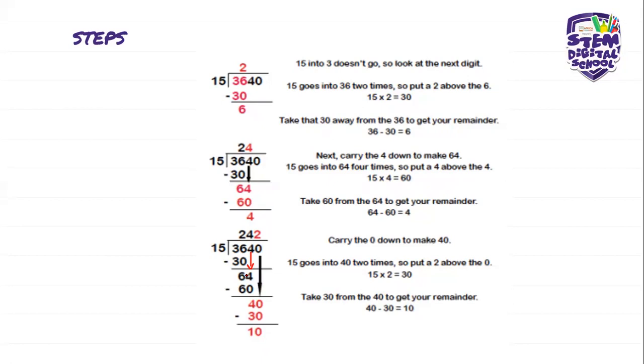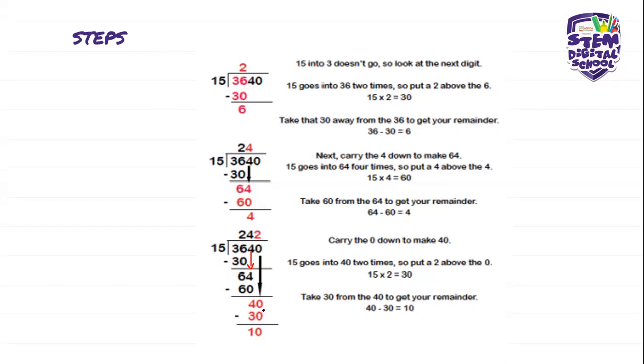Because remember that, okay, we brought down the 4. After 64, we said 4 into 15 is 60, right? And then it gave us 60. We minus the 60 from the 64, which gave us 4, right? Then you bring down the 0, and that makes what?